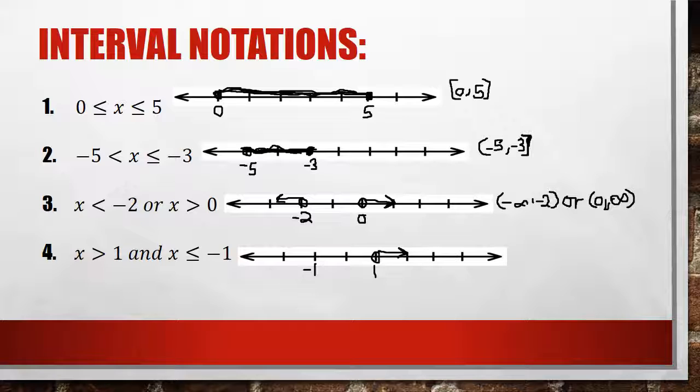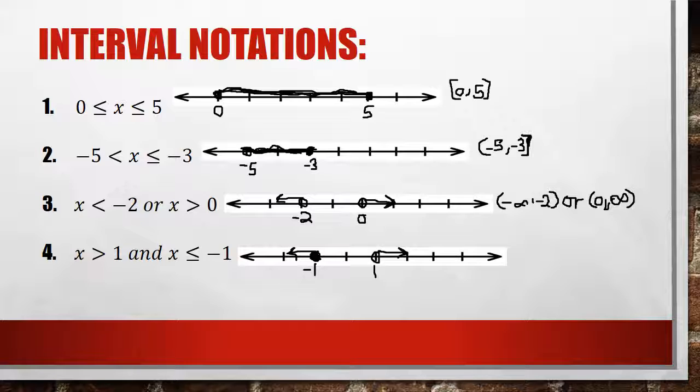That's why I have the arrow to the right of 1. And then I have x is less than or equal to negative 1. So in this case, I'm going to have an open circle, or actually a closed circle, because I'm including negative 1. And then an arrow to the left of that circle for every single x less than negative 1.